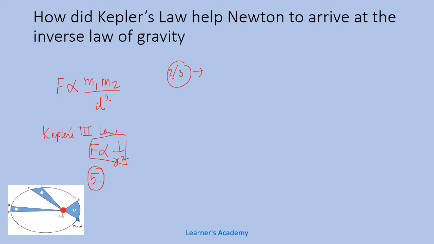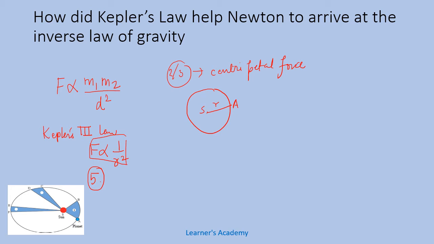the centripetal force, which is actually the force acting on the planet and is responsible for the circular motion of a planet. This is a circle, and this is the sun, and this is the distance, and this is a planet A. And so what is centripetal force?